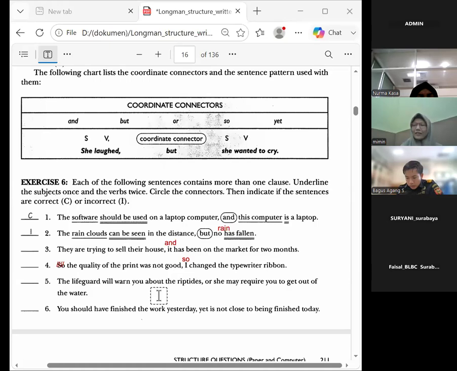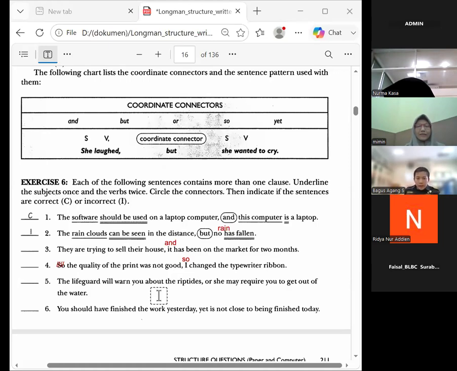Adin. All right, Kak Adin. Number 5, can you read, please, and tell me if this is correct or incorrect? The lifeguard will warn you about the riptides, or she may require you to get out of the water. What is the subject of the first clause? The lifeguard.